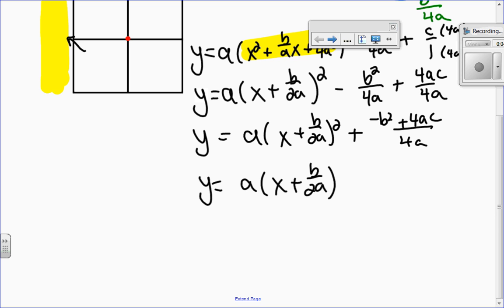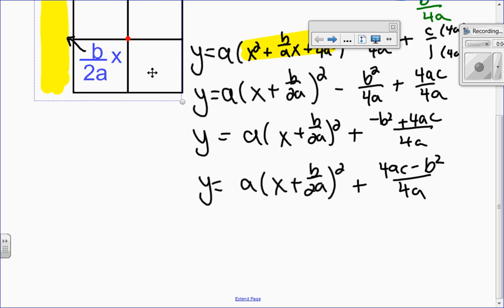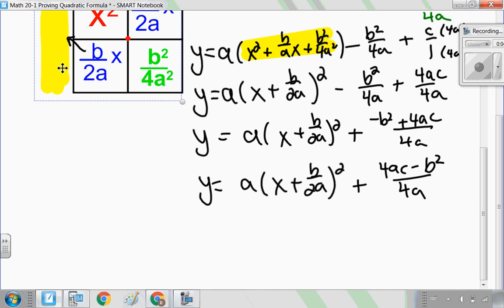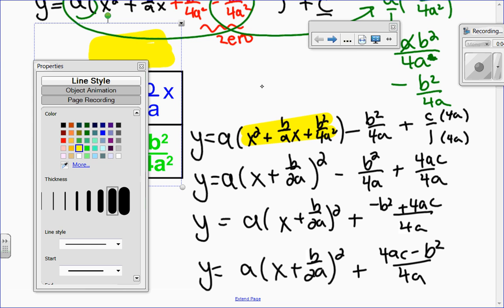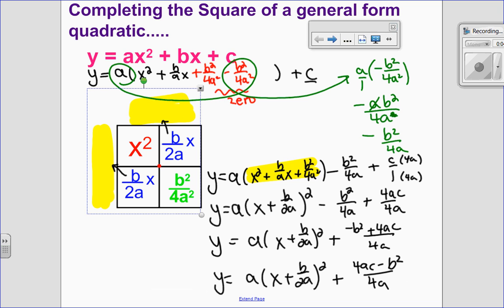And instead of negative b squared plus 4ac, I'm going to write that as 4ac take away b squared. I think that looks a little bit neater. So let me just reanimate everything that I had, and I'll make it bigger so you guys can see the whole thing. So this, there we are, is the first step in my process.